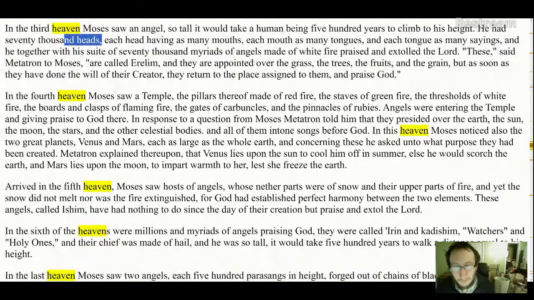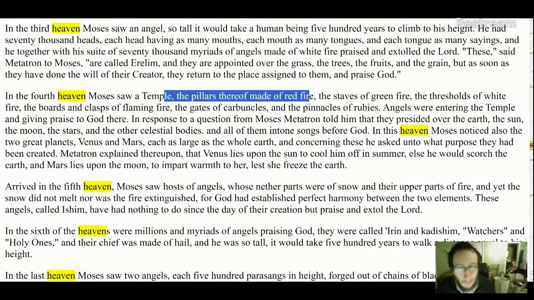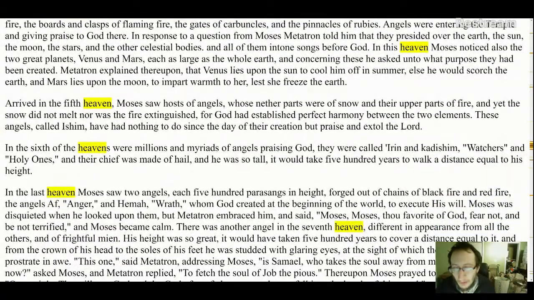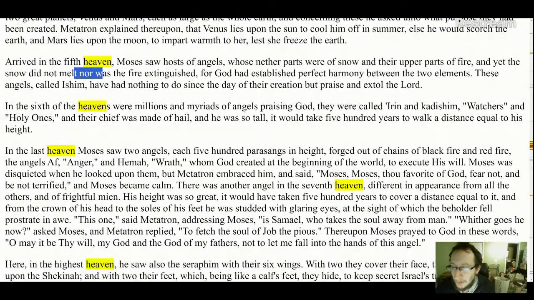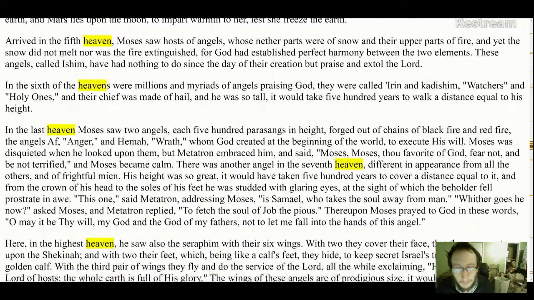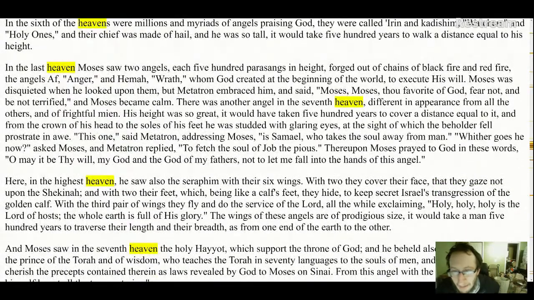But fourth heaven, he saw a temple. The fifth heaven, he saw hosts of angels whose nether parts were of snow and their upper parts of fire. The sixth of the heavens were millions and myriads of angels praising God. He saw the watchers there, the holy ones. In the last heaven, he saw the angels' anger and wrath.